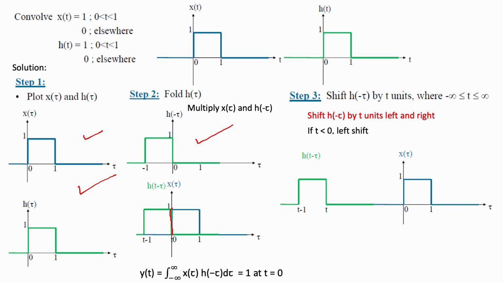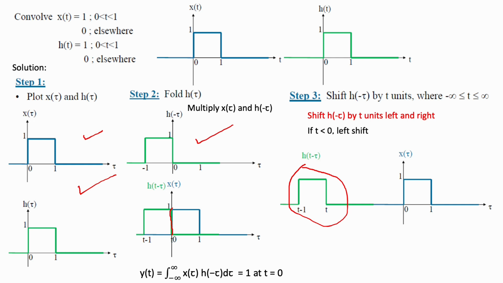Here the blue color represents x of tau, h of t minus tau is the green color. In the signal you shift the whole signal by t: to the x-axis, the 0 you add plus t, the minus 1 you add plus t. So you will get it like this, t minus 1, t.